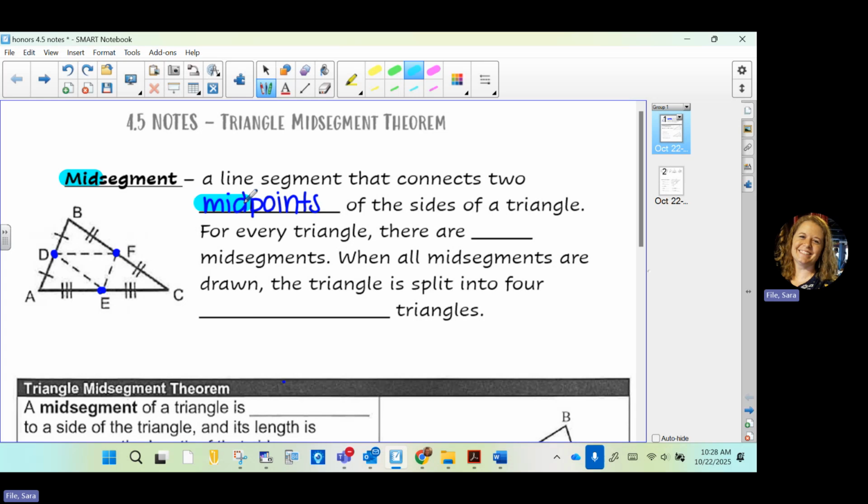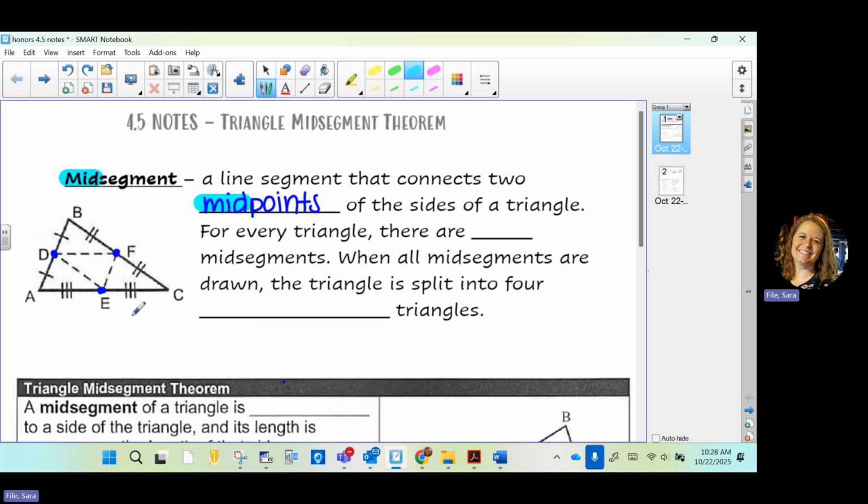That's the difference. So if I took this midsegment E and connected it to B, the vertex, that's a median, okay? Or F to A or D to C. So a median connects a midpoint to a vertex. A midsegment connects two midpoints, okay?